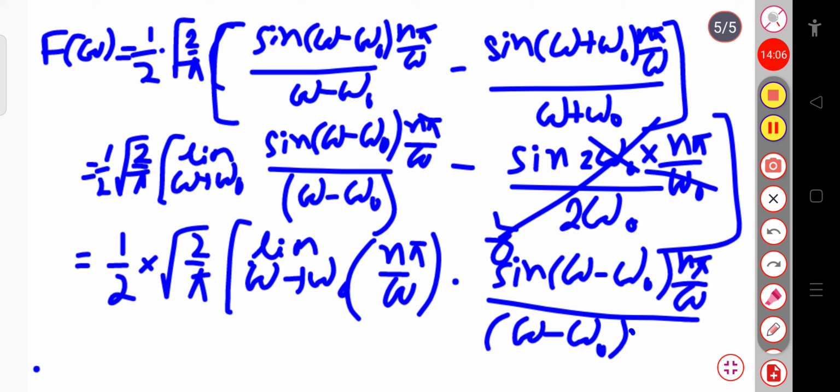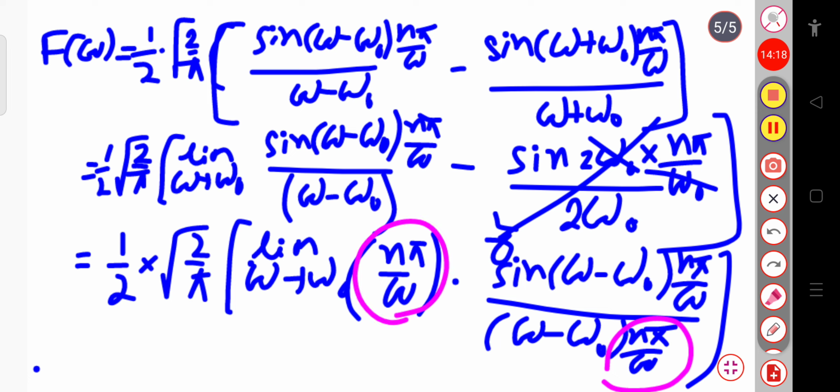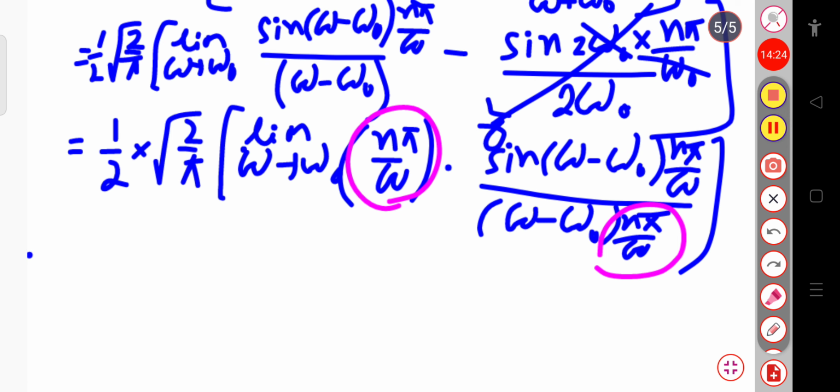Here I am just multiplying this n pi by omega in the denominator and the numerator, this part only. So if I multiply this n pi by omega here, the 2 will get cancelled, the value will remain as it is. Now when I put omega tends to omega naught, this will be n pi by omega naught.